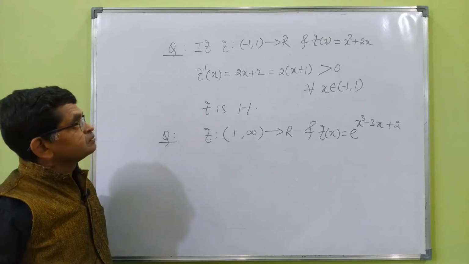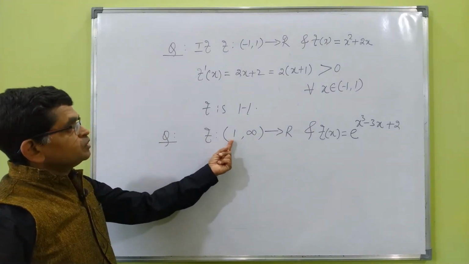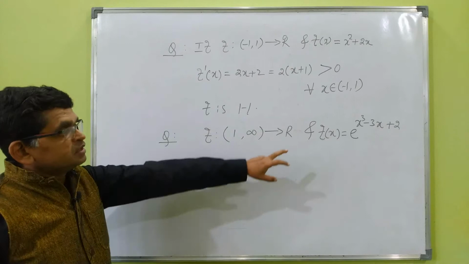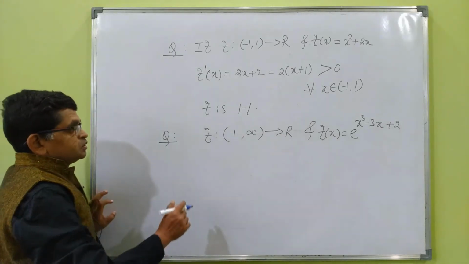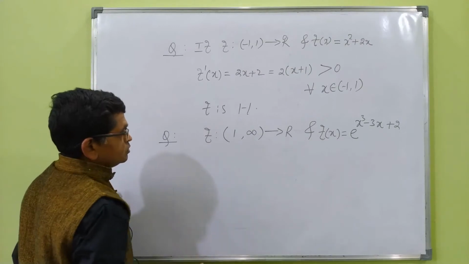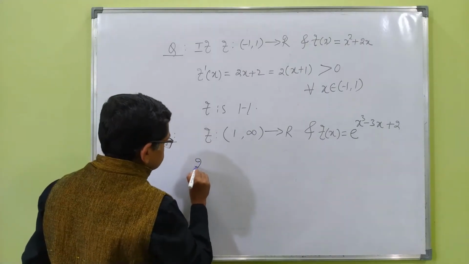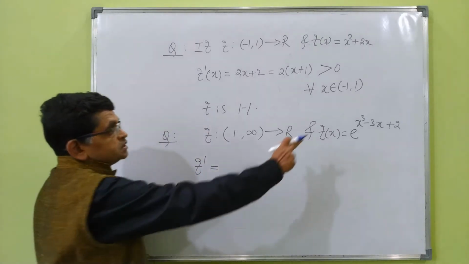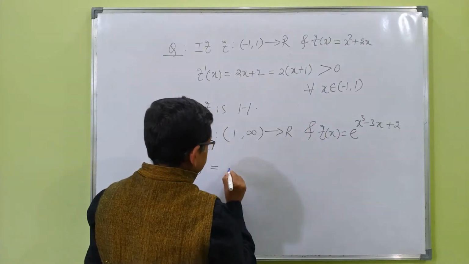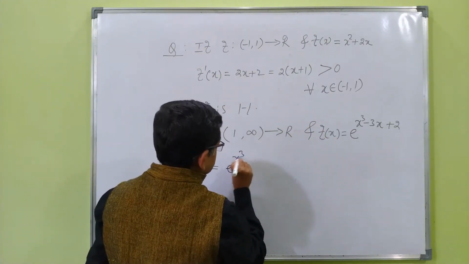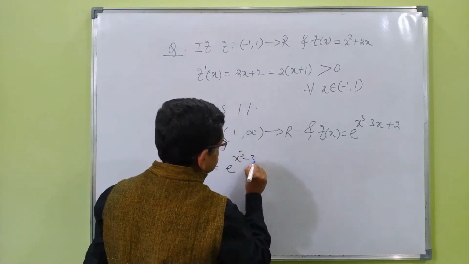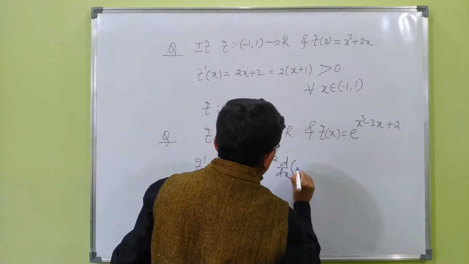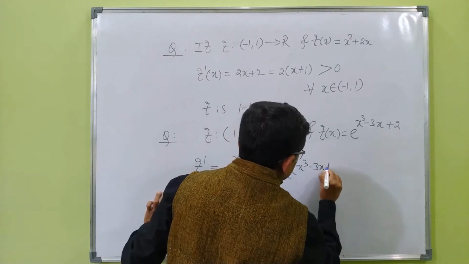Consider this one. The function from [1, infinity) to R, 1 to infinity to the real line, f(x) functional form is e raised to x cube minus 3x plus 2. To check whether the function is one-to-one or not, f'(x) is equal to e raised to x cube minus 3x plus 2 into d by dx of x cube minus 3x plus 2.